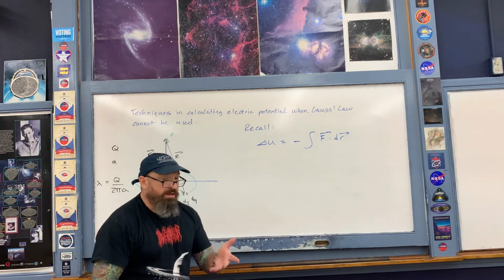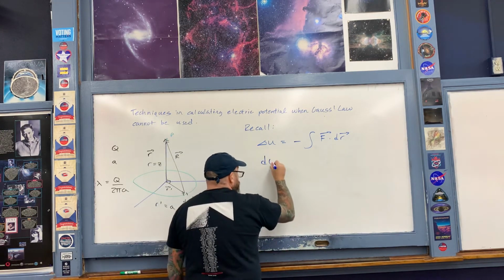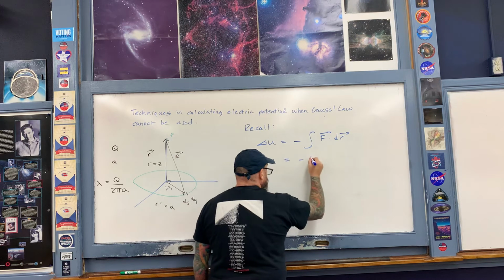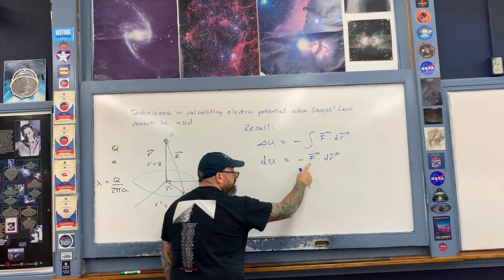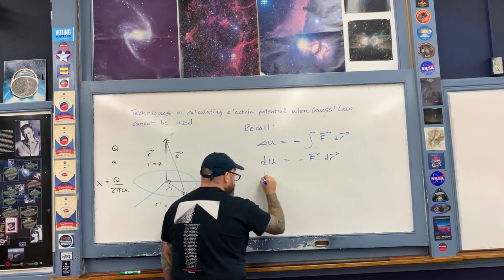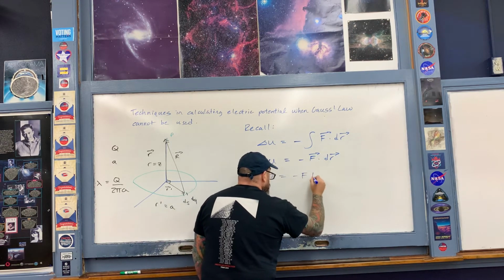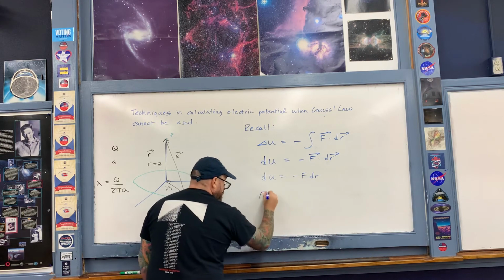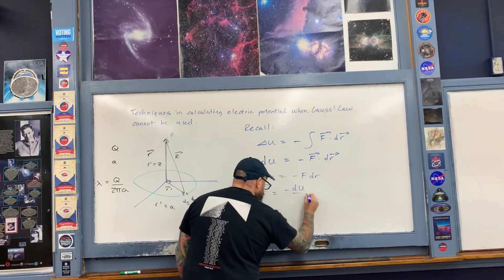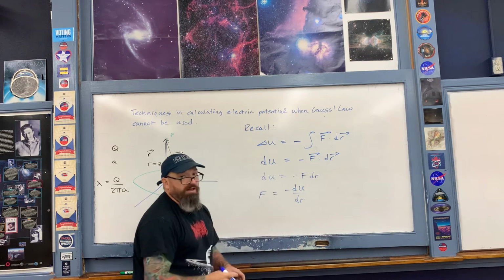Okay, let's get rid of the integral sign. So infinitesimal change in potential energy equals this. Okay, let's say that the force is only a function of small r, so then therefore this. And then move the negative sign and the dr to the other side. And then therefore the conservative force's value is equal to the following expression.